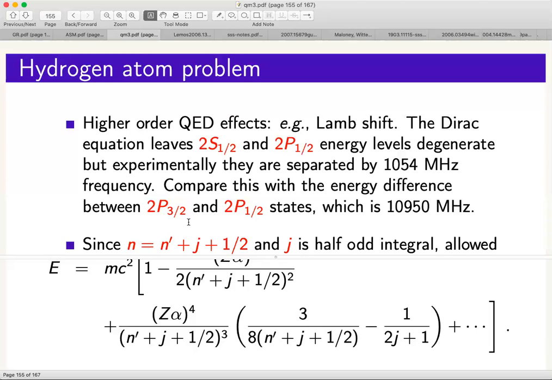And the energy difference between them is an order of magnitude larger than this. So this split is very small, but nevertheless, this split is non-zero. And this effect is something that you cannot pick up in the Dirac equation in a very simple way, because, to put it a little differently, in the quantum field theoretic context, this is a loop effect actually. So you cannot pick it up in the Dirac equation.